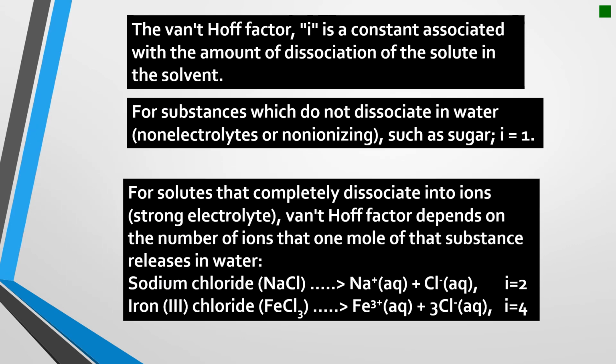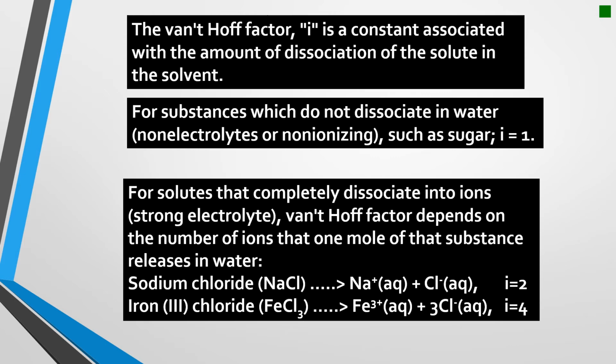For solutes that completely dissociate into ions, these are strong electrolytes, the Van 't Hoff factor depends on the number of ions that 1 mole of that substance releases in water. I'll give an example to make it more clear. Sodium chloride as an electrolyte is an ionic compound.